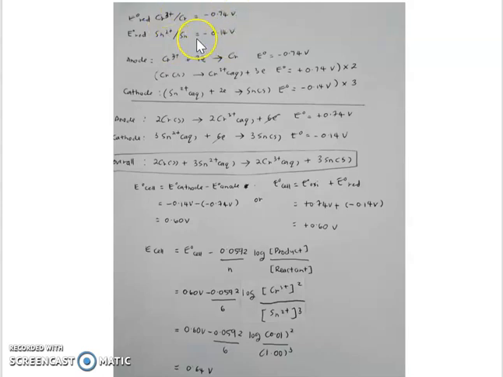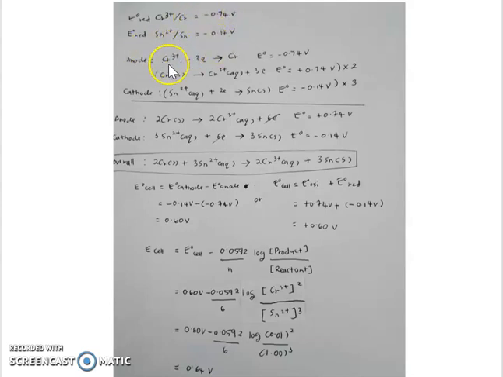The next step, you need to determine which one is the anode and which one is the cathode. The more positive E naught reduction will be the cathode. Which one is more positive, stannum or chromium? Stannum, right? Stannum will be the cathode and chromium will be the anode.